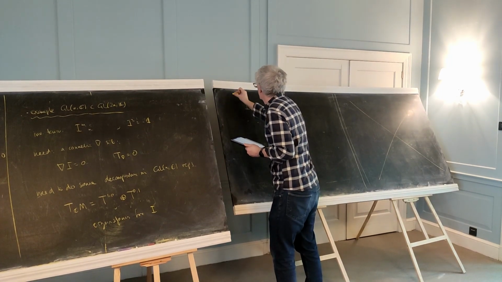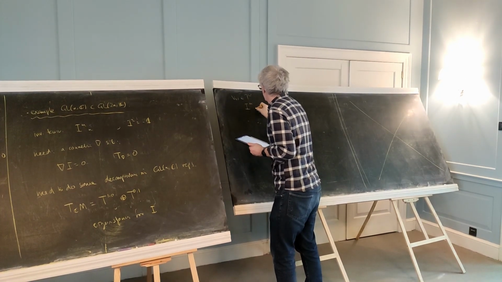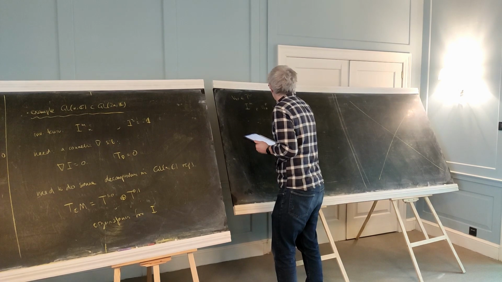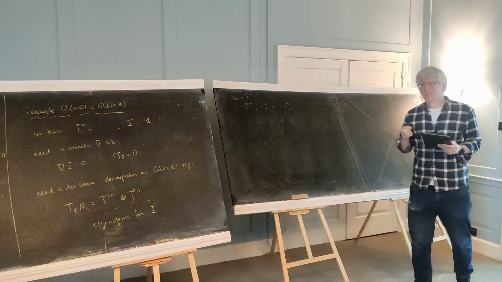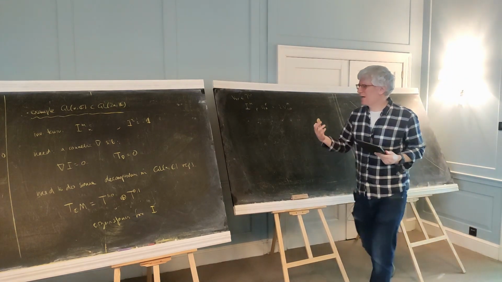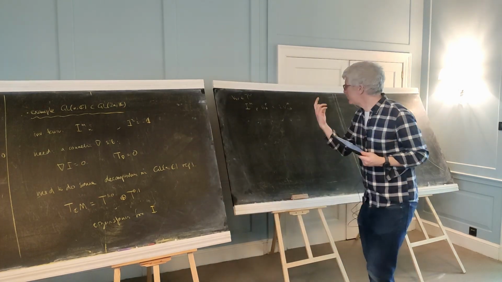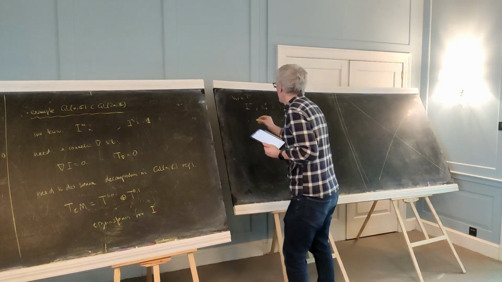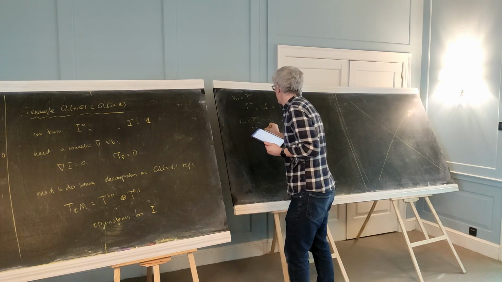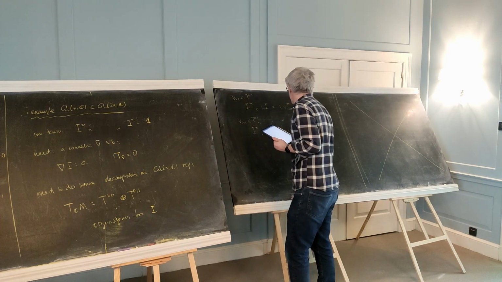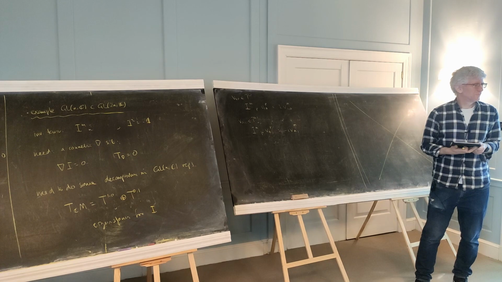If v^{1,0} is in T^{1,0}, then I v^{1,0} is just equal to i v^{1,0}. I have to complexify because the eigenvalues are going to be plus and minus i, since I squares to minus 1. And similarly, if v^{0,1} is in T^{0,1}, then I v^{0,1} is minus i v^{0,1}. Okay?